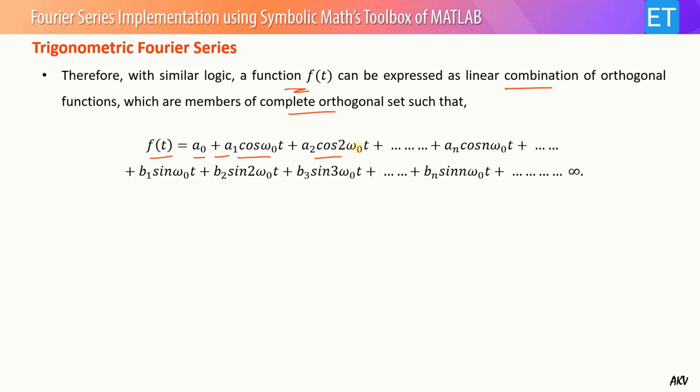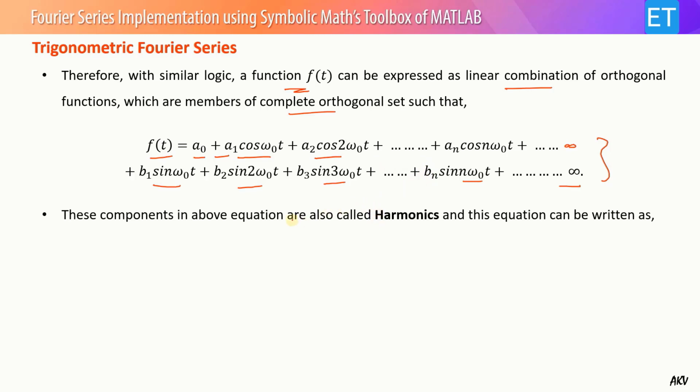So a2 cos(2 omega naught t) plus an cos(n omega naught t) till infinity, and then members of the sine family till infinity. So this is how you can express a signal or a function f(t) into these infinite sine and cosine components.